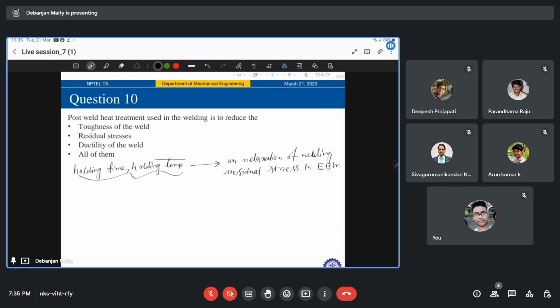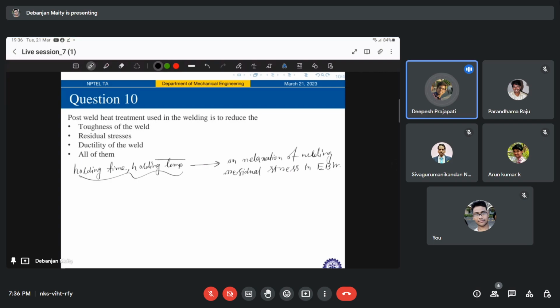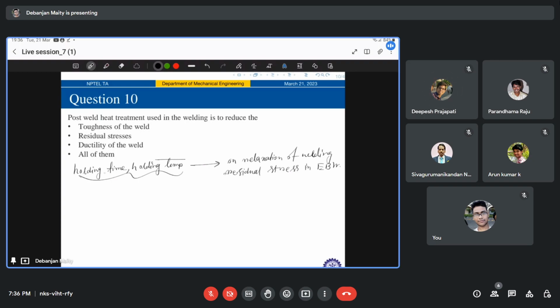What is EBW? Electron beam welding. So they did a process parameter study of holding time and holding temperature on the relaxation of welding residual stress of some steel plates maybe, during electron beam welding.